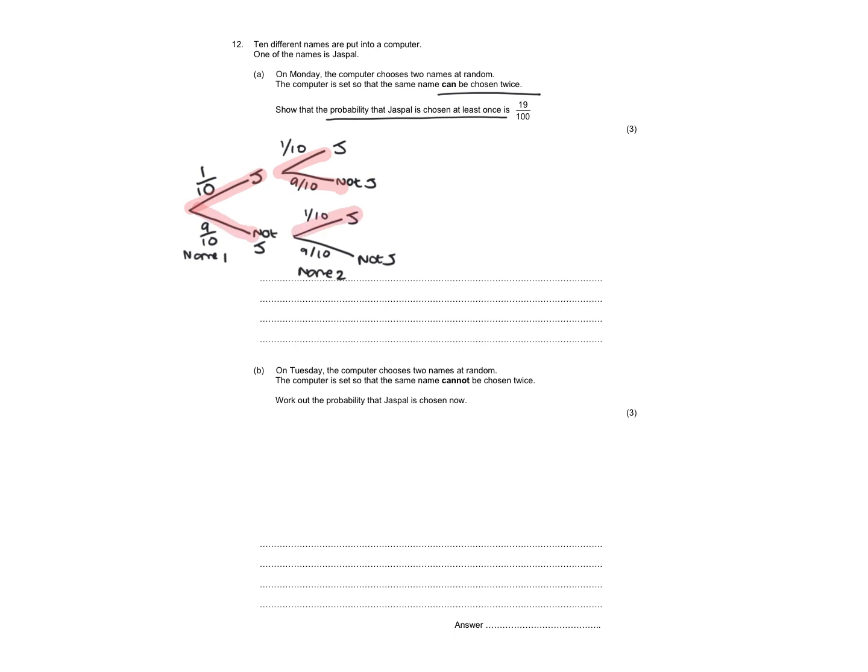So alternatives are to do 1/10 multiplied by 1/10 for this branch here, plus 1/10 multiplied by 9/10 for this branch here, plus 9/10 multiplied by 1/10 for this branch here, or the alternative is to do 1 subtract 9/10 multiplied by 9/10, which is the only branch that we're not using.